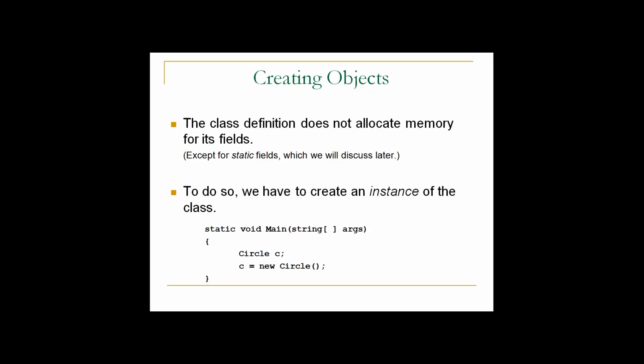Fine. And here Circle is the name of your class or type of the object, and c is the object itself. Making sense? So what is Circle? Circle is the name of your class or type of your object, and c is the object itself. Did you understand how to create an object using your class definition?